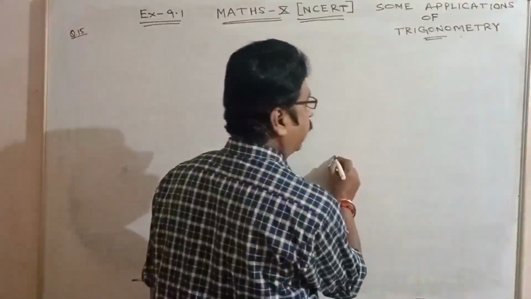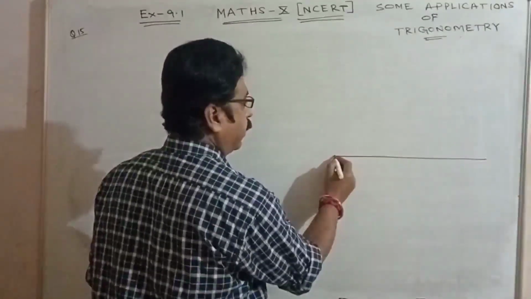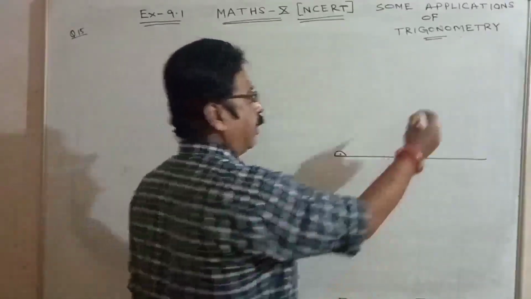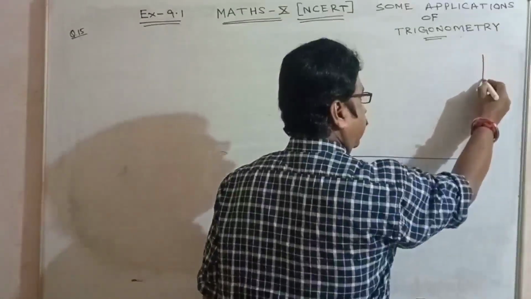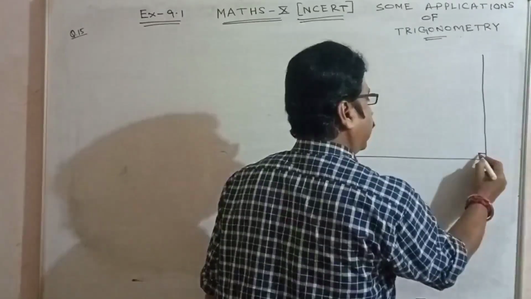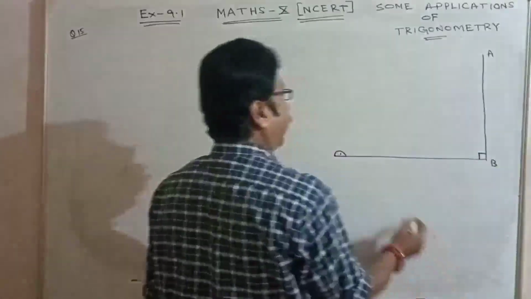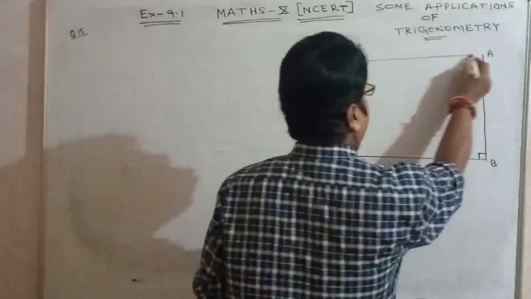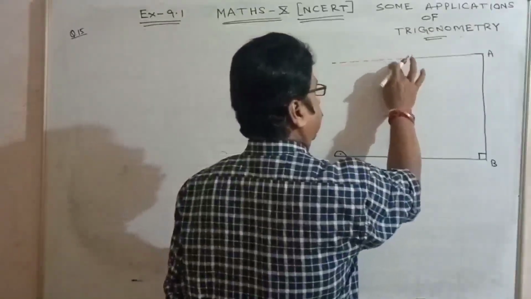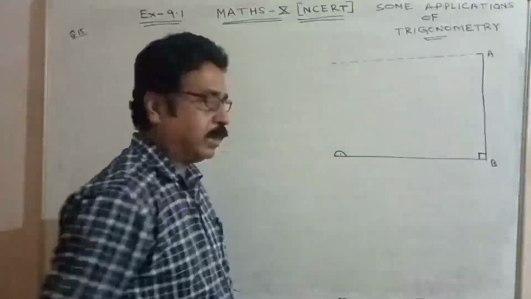This is the ground level. Suppose this is the car, first position. Tower. Tower is suppose AB. This is parallel to the ground level.